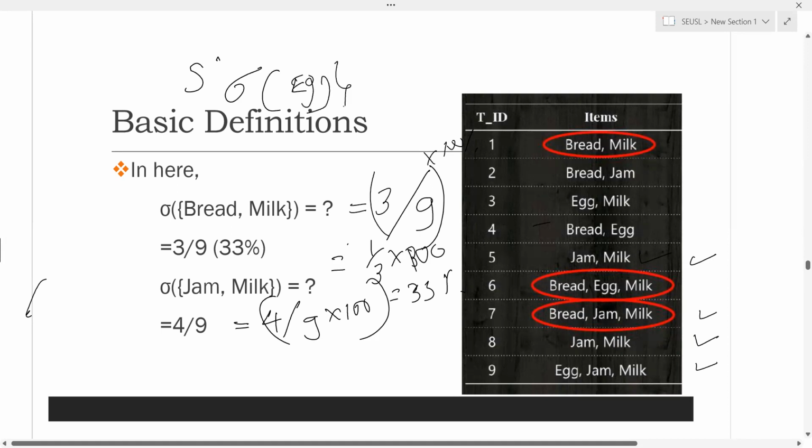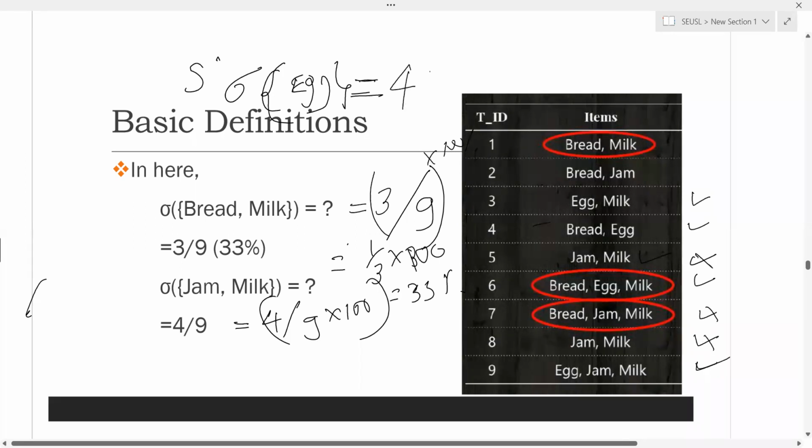Now, someone tell me, what is the support of egg? Someone tell me how you can find out the support of egg. You need to find out the support count of egg. How many transactions contain eggs? There is 1, 2. This one contains 1, 2. This one not. 3. 4 transactions are there.